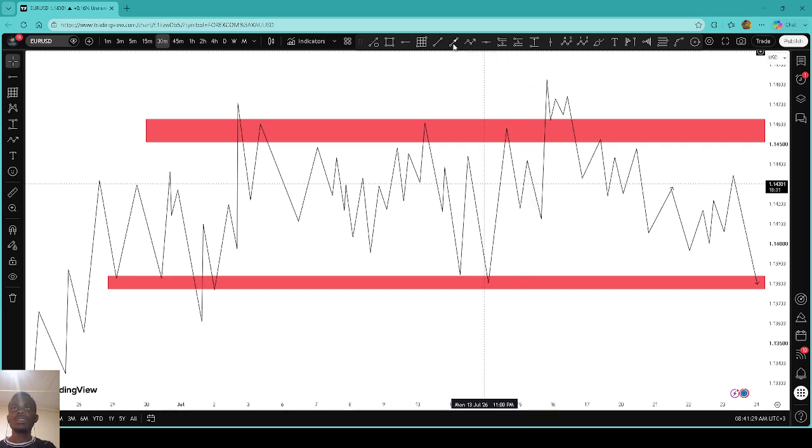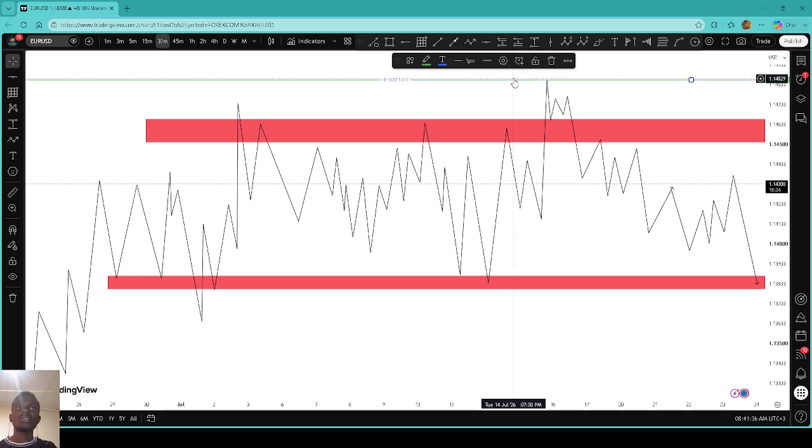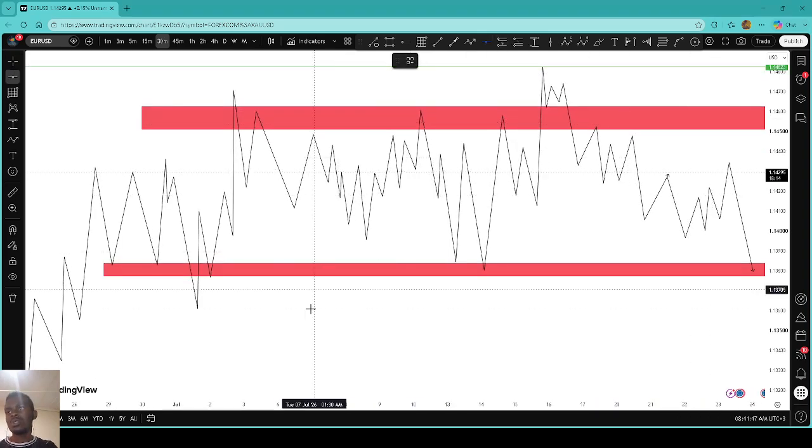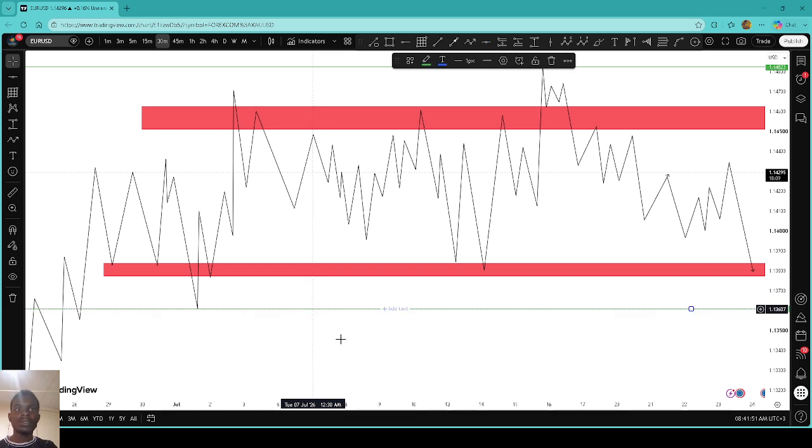So maybe I could say price is in between the 1.148 to the 1.136 range. So this is my area.